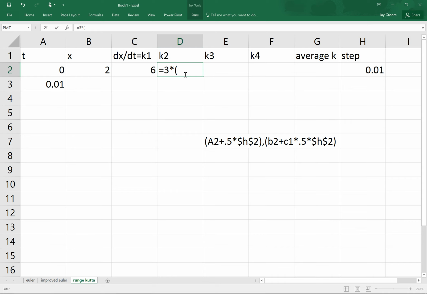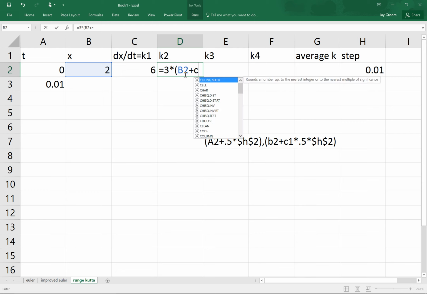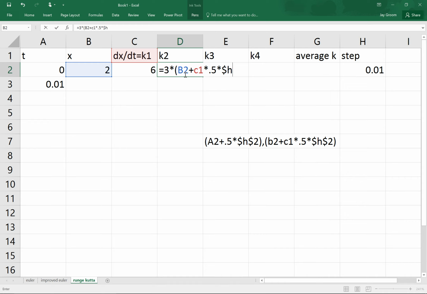Well, it's B2 plus C1 times 0.5 times $H$2. Right? So that's 3x plus 5t, so 5 times t, which of course is this A2, plus half the step size.